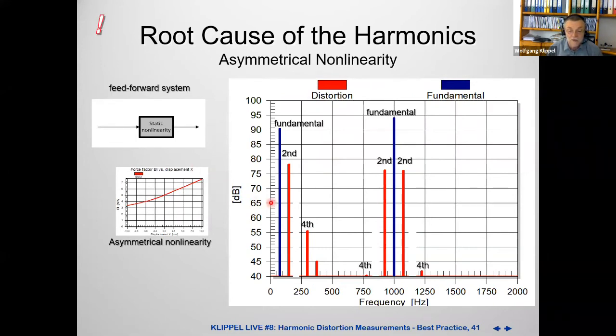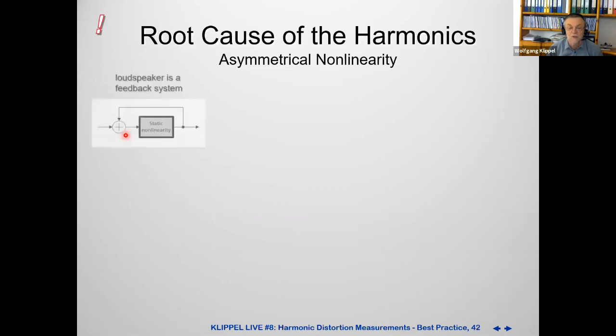And you see also fourth, if you have an amplifier as a cause of the nonlinearity. The amplifier is limiting on one side maybe. Then you see second and fourth in a loudspeaker, but no third, or not much odd order distortion.